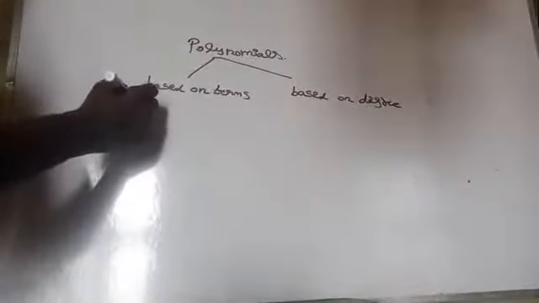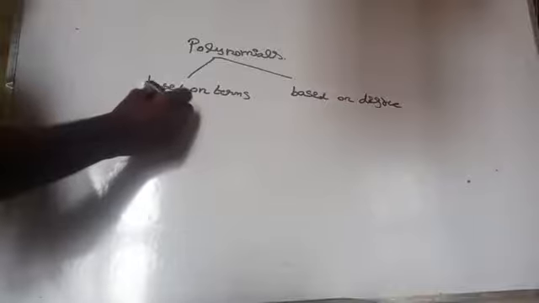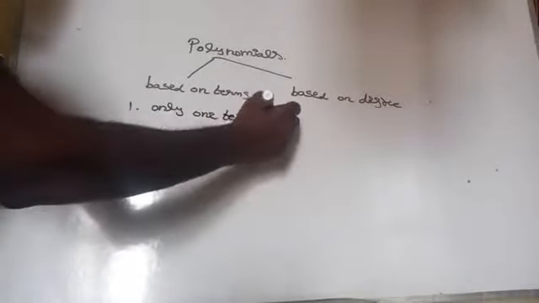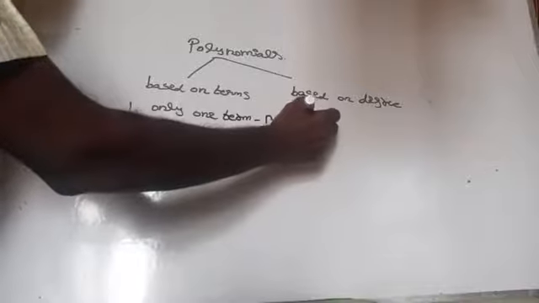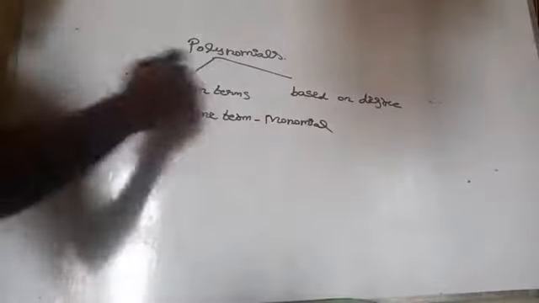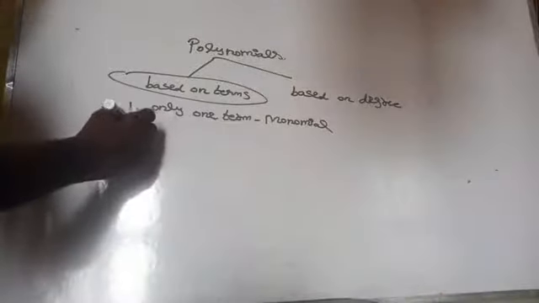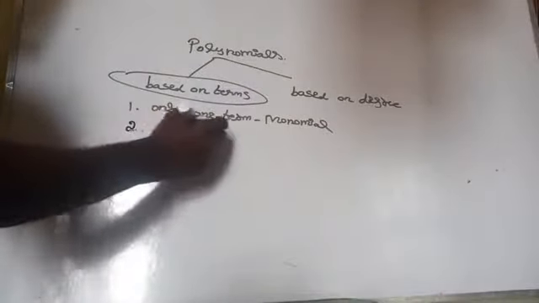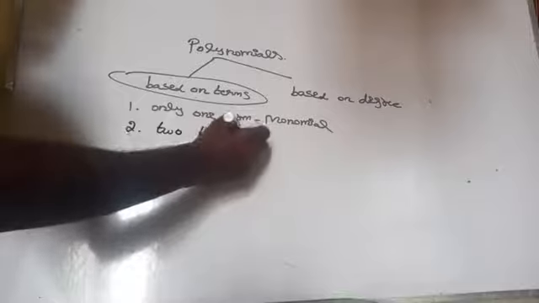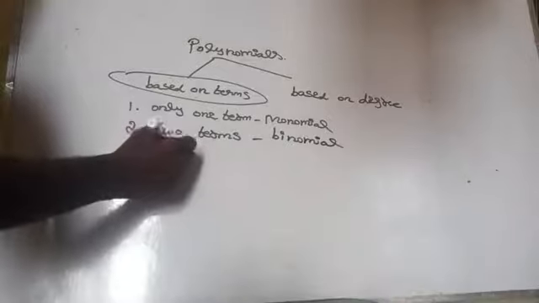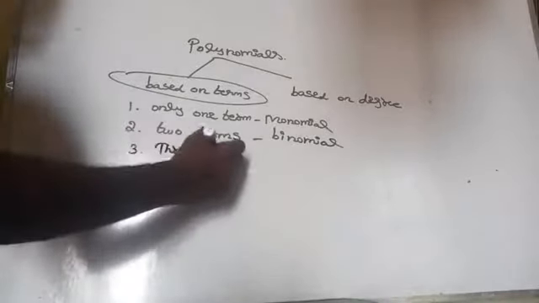If a polynomial contains only one term, then it is called a monomial. If a polynomial contains only two terms, then it is called what? Bi means two. Binomial. Am I right? If a polynomial contains three terms, then it is called a trinomial.